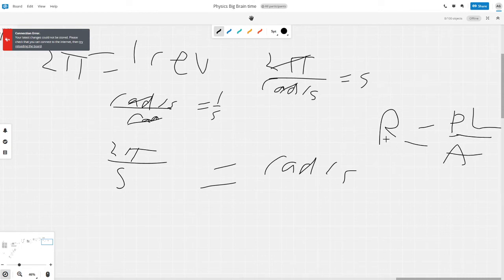It says resistance increases with length and decreases with area. If you're imagining it as a cylinder, the wider it is, the easier it is for electrons to pass through. The longer it is, the harder it is. The narrower it is, the harder it is. And the shorter it is, the easier it is.